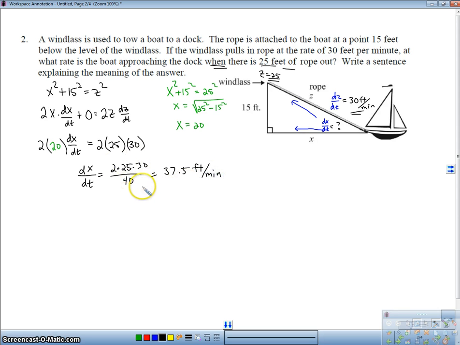Now, normally I say you don't have to simplify, but in this case I'm going to talk about what this means in context as my answer, so I'm going to go ahead and write that in.